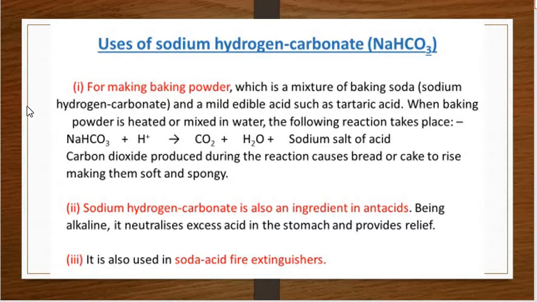When baking powder is mixed with water, sodium hydrogen carbonate reacts with tartaric acid to evolve carbon dioxide gas. And this carbon dioxide gas causes bread or cake to rise and makes them soft and spongy.